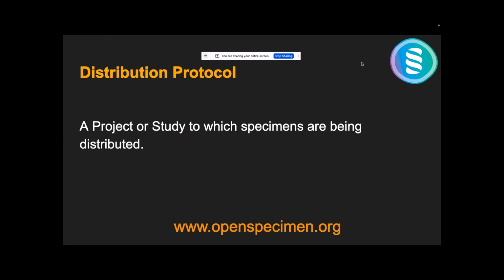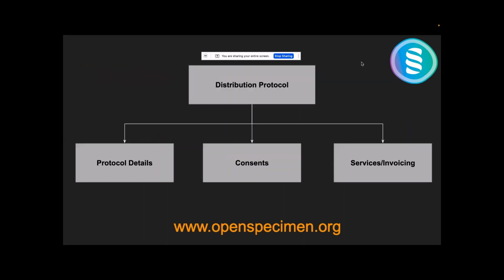So all the information related to that particular vendor or researcher will be pre-configured in the system, and you don't have to enter it every time you are distributing the specimens. A distribution protocol primarily has three concepts. The first one is protocol details.